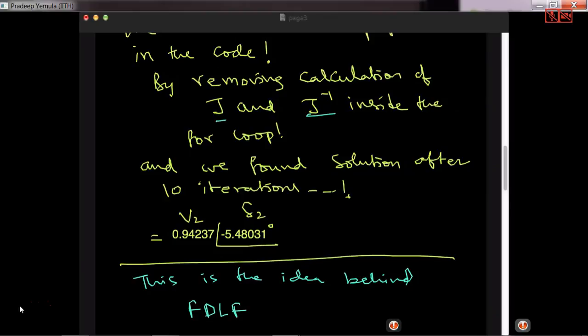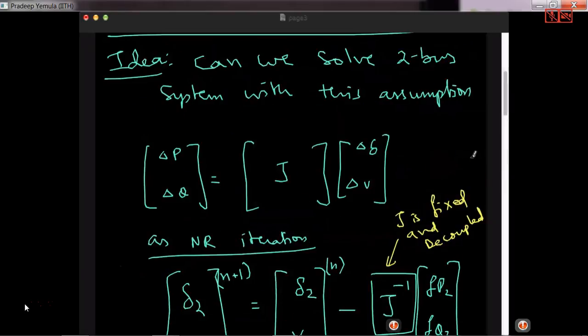So any doubts regarding this? So far what you have seen, any doubts on that? But since we have only about 10 minutes left, I don't want to go into the details of FDLF also. That's why I'm pausing for your doubts.